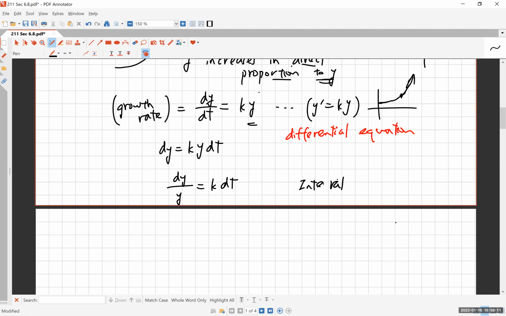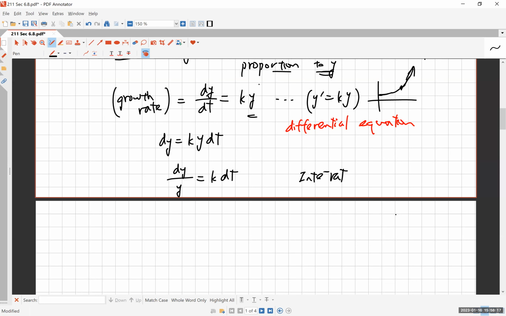You don't actually have to understand each step of this. This is something that you will be doing in a more advanced class on differential equations. Integrate both sides. So in a sense, you have the integral of dy over y equal to k times the integral of dt.